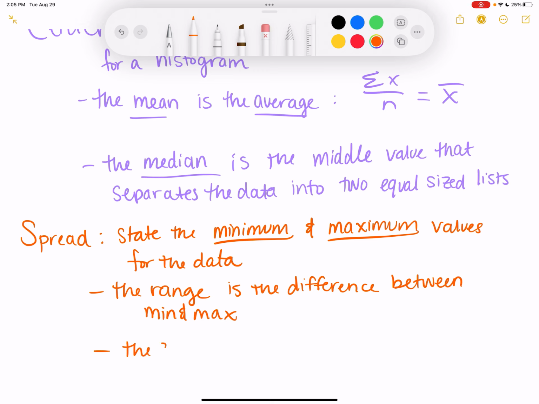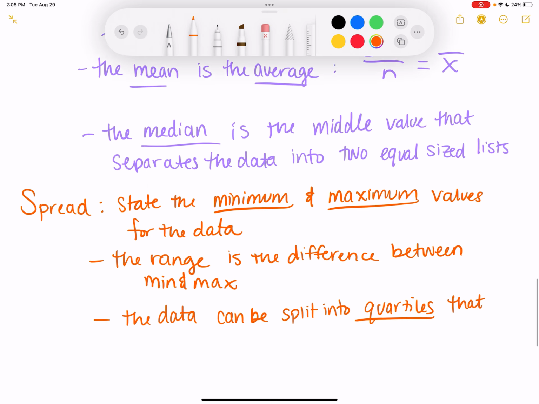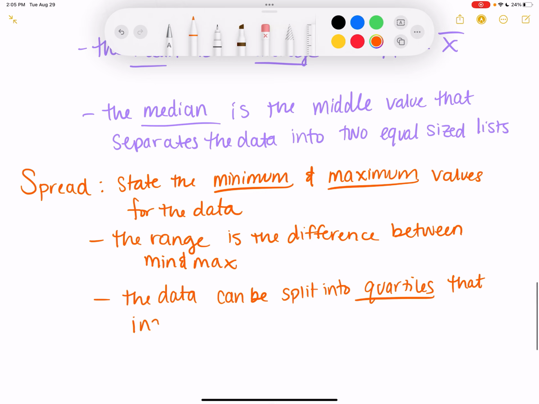The data can be split into what we call quartiles that indicate where each 25% of the data lies.